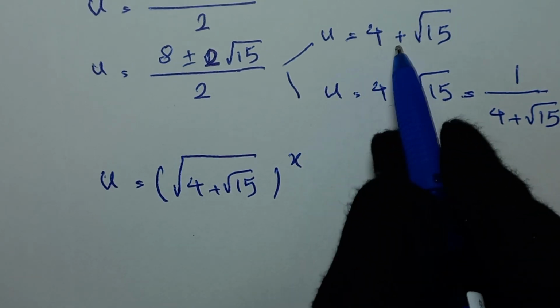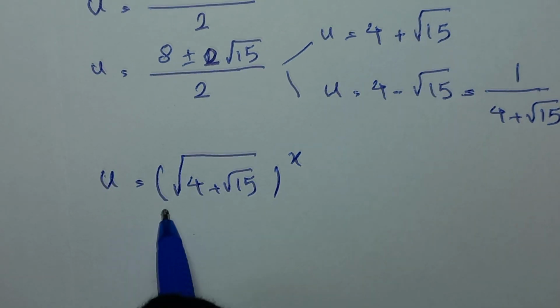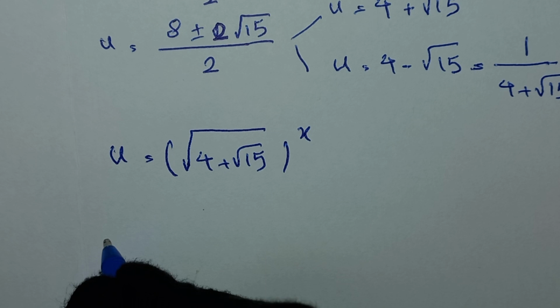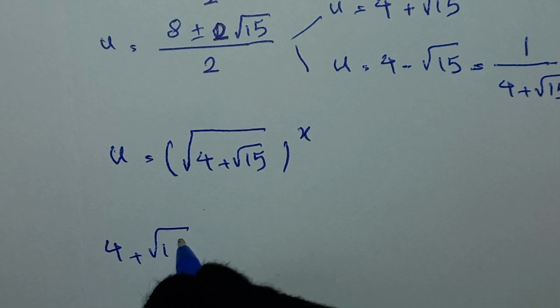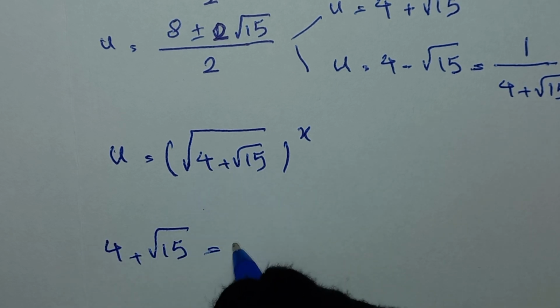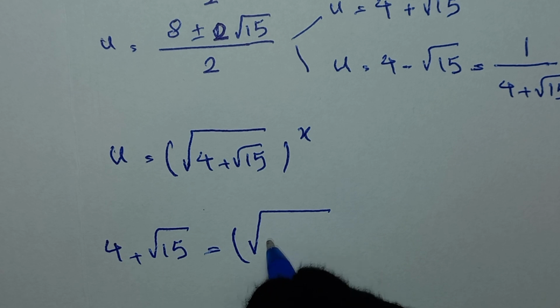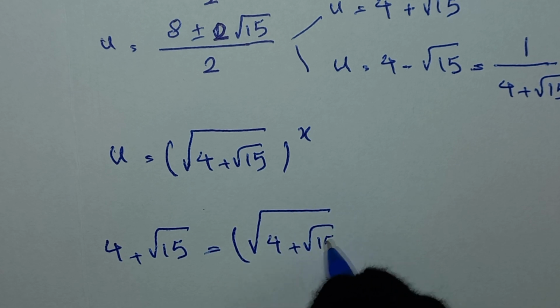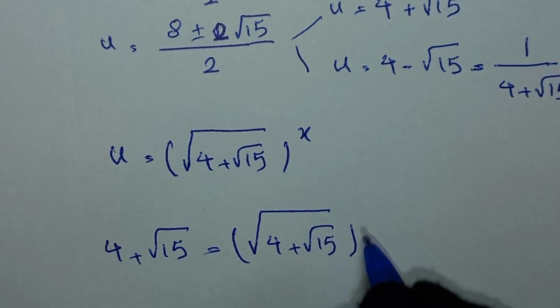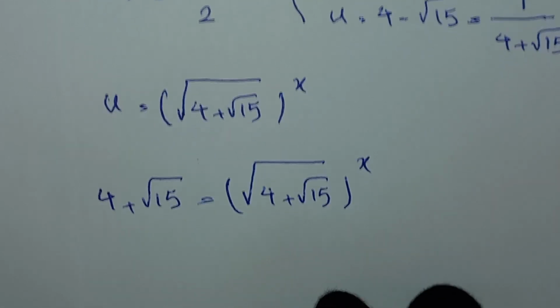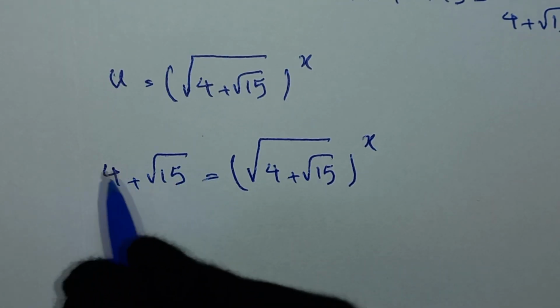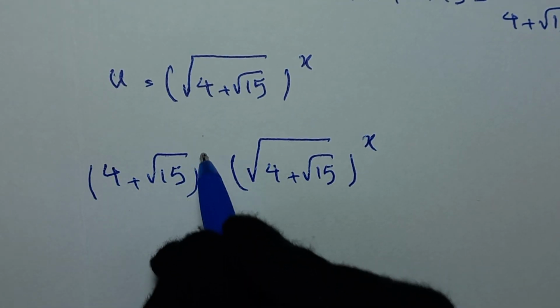And in here u is 4 plus square root of 15. So we substitute in here: 4 plus square root of 15 is equal to this bracket square root of 4 plus square root of 15 to the power of x. And in here also this is a power of 1.